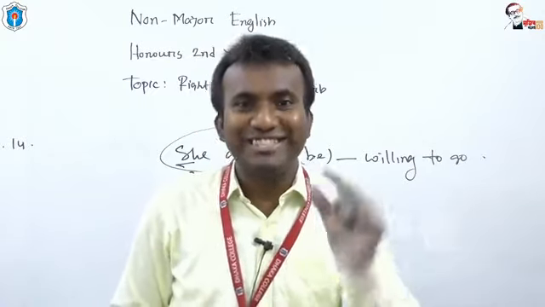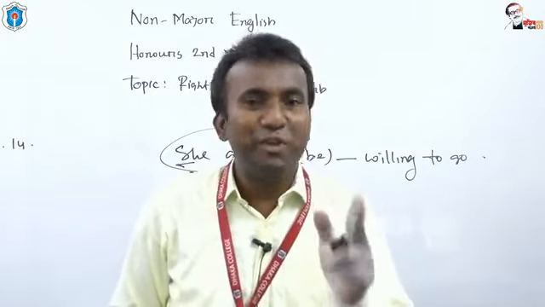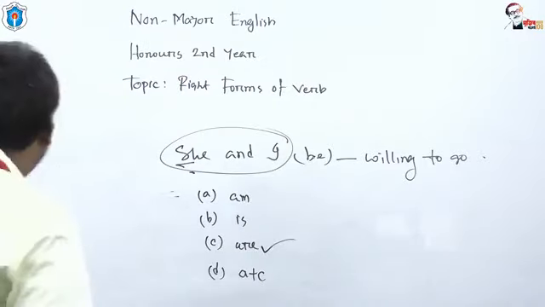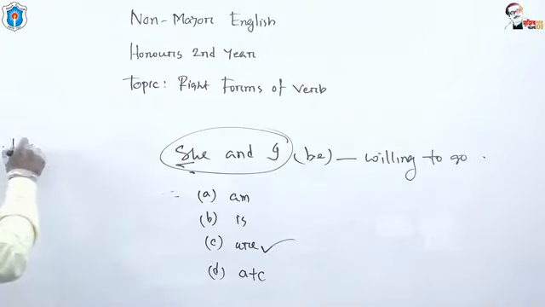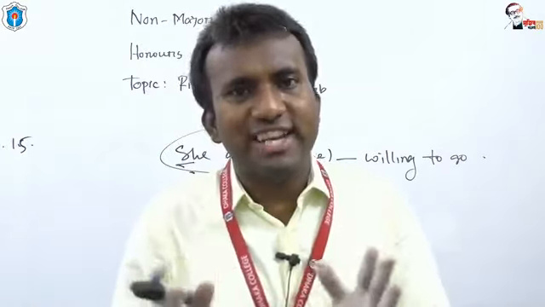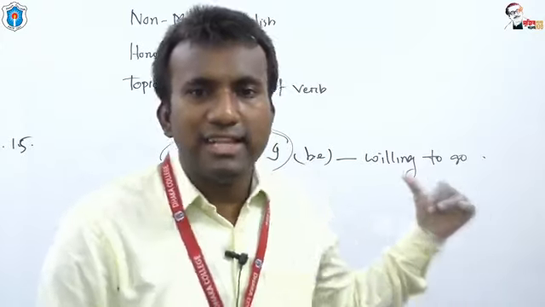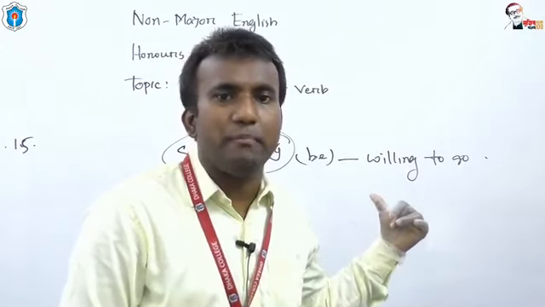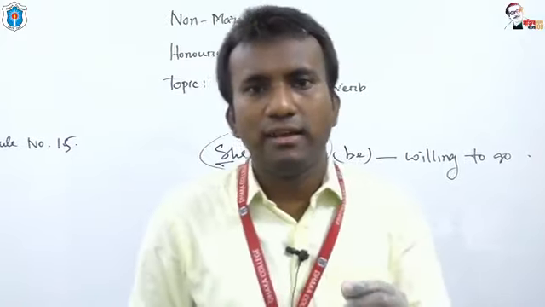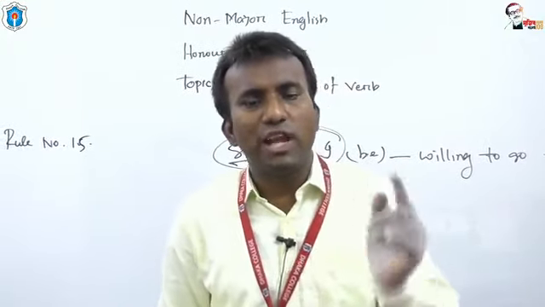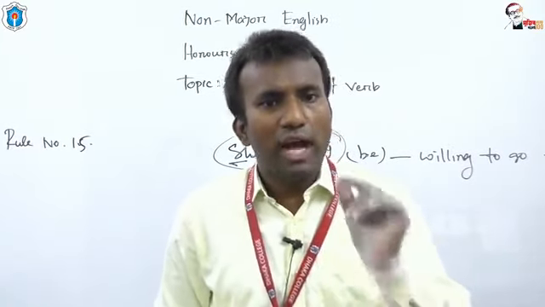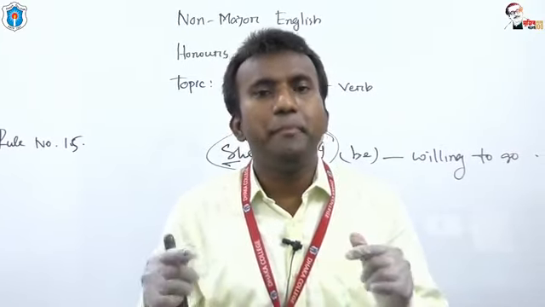Actually, this is not my target. I want to say something else for rule number 15. In order to understand rule number 15, this conception of compound subject is important. A compound subject is created by combining two nouns or pronouns with the help of and. Now I'd like to give you some pairs.